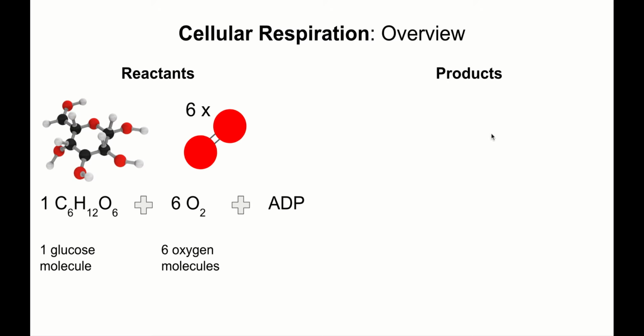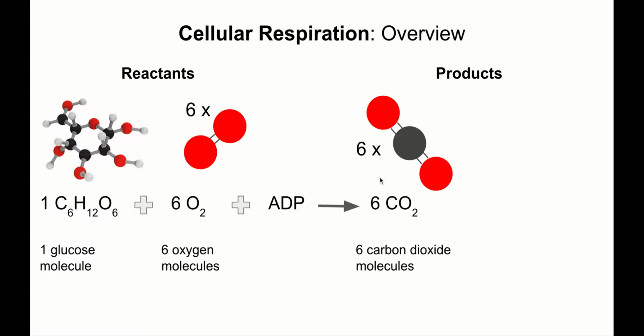When you're writing this down, make sure you're writing down this chemical formula and underneath it labeling that this is a glucose molecule. You're writing down this chemical formula and labeling it six oxygen molecules. Be thorough.